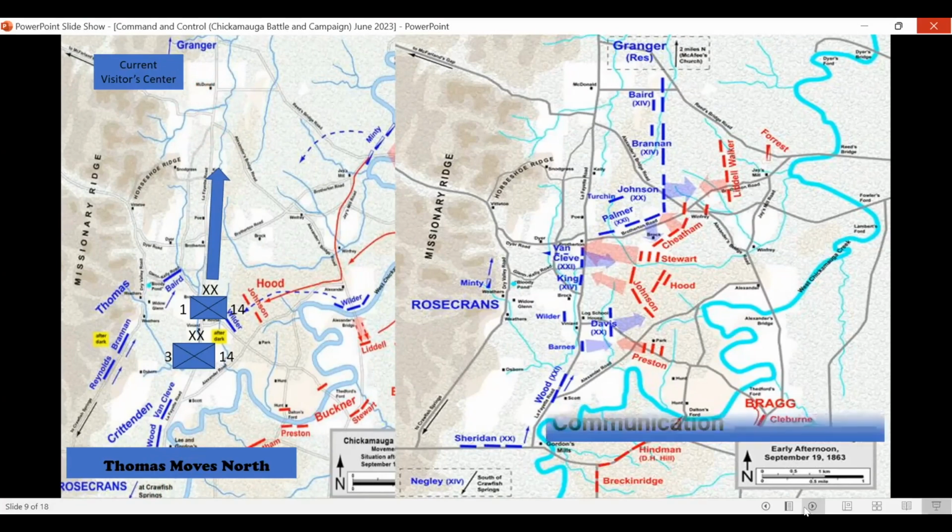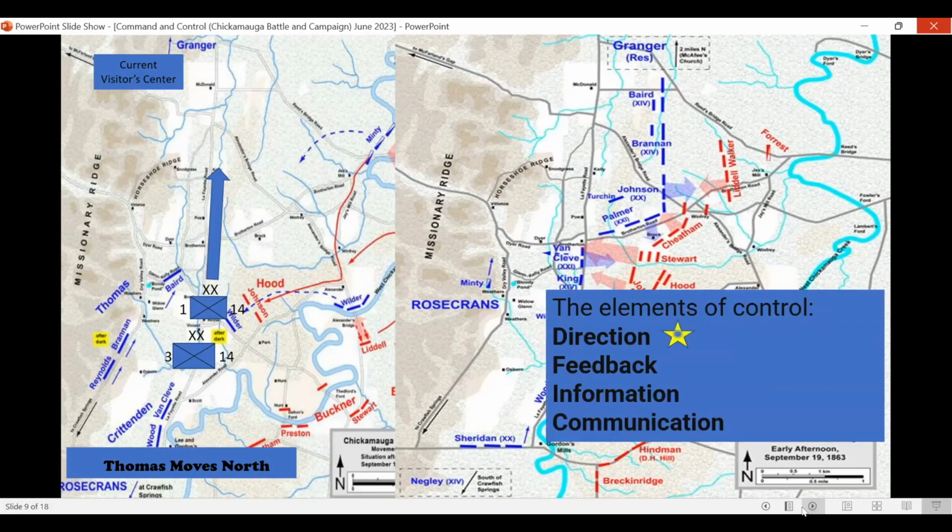And so as we look at the element here, elements of control, we look at direction, which provides subordinate forces their task and instructs them to cooperate within a broader concept of operations. Now, September 18th, Rosecrans now realizes that a Confederate force was attempting to interpose itself between Chattanooga and his army. He could lose Chattanooga.